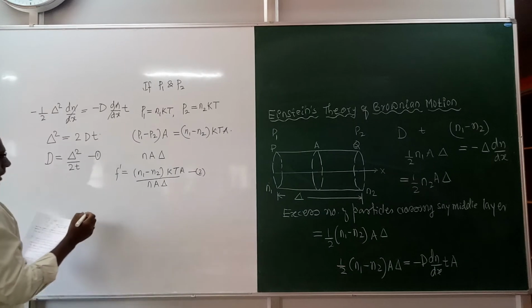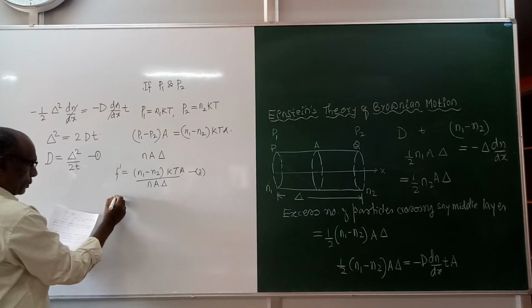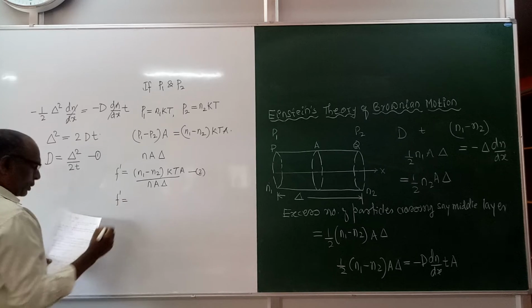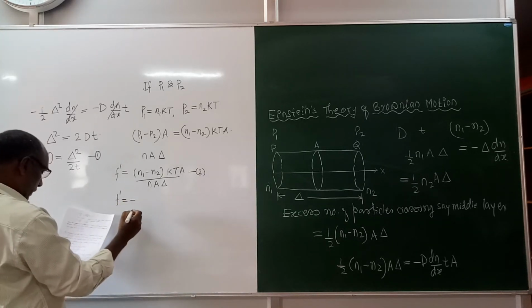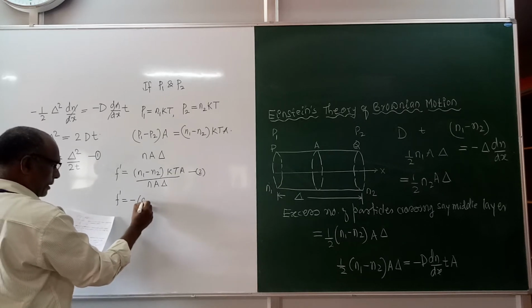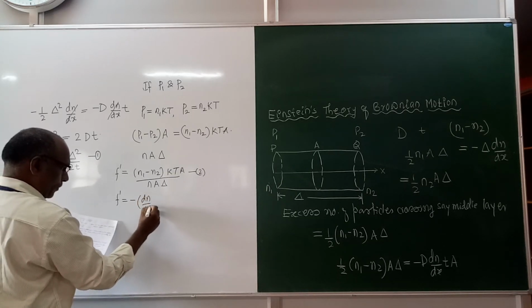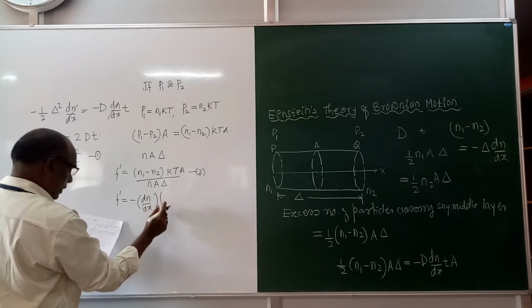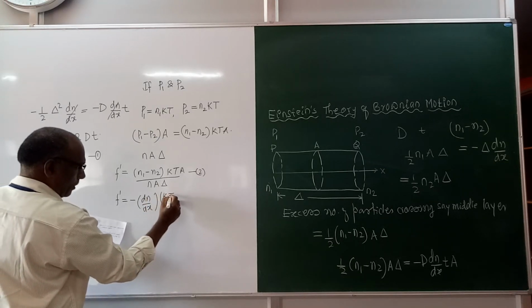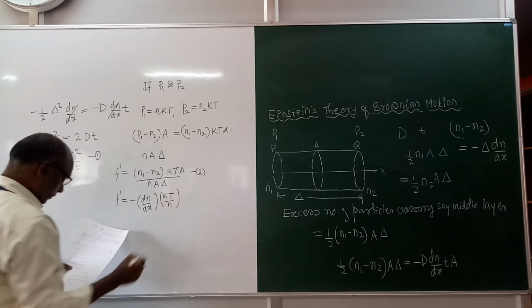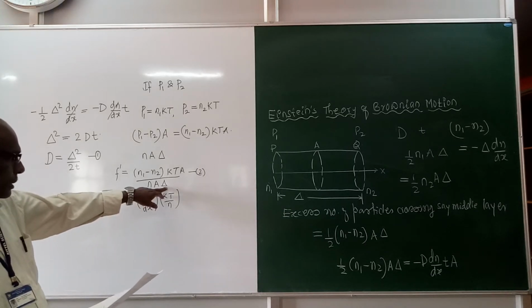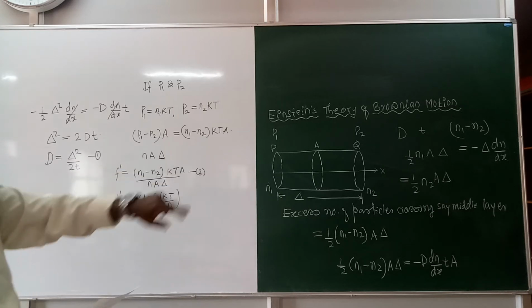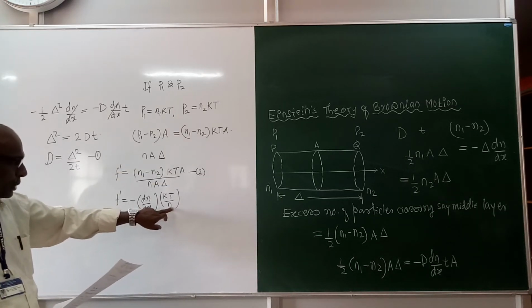So this F dash, the force exerted on the single particle, becomes, after simplification, minus dN by dx, this is k T by N. Delta gets cancelled, there is no N on this side, so N remains as it is here.